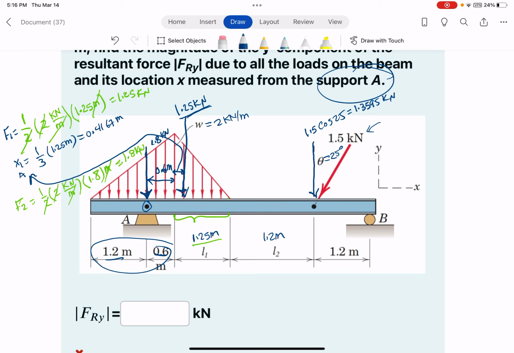So you could put it like this: FRY, and I'm assuming that this is positive. It is equal to 1.3595 kilonewton plus 1.25 plus 1.8.